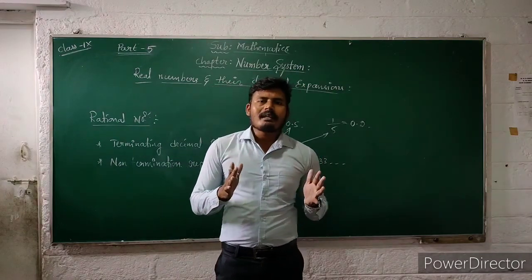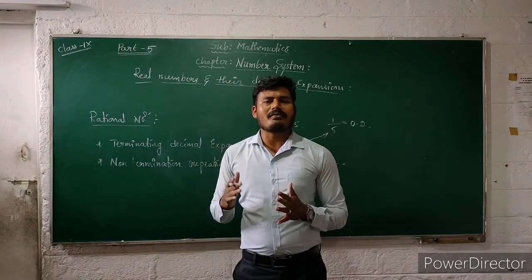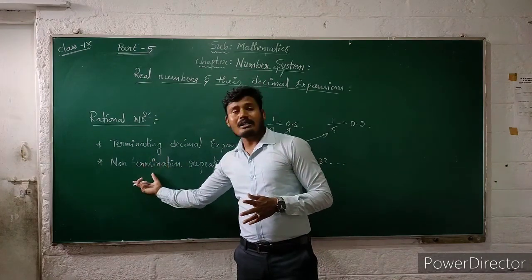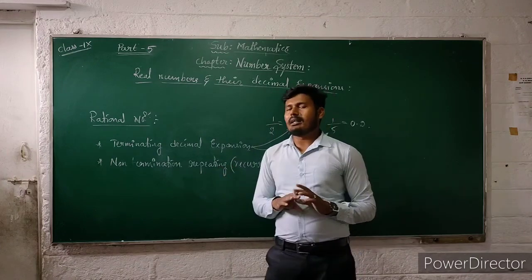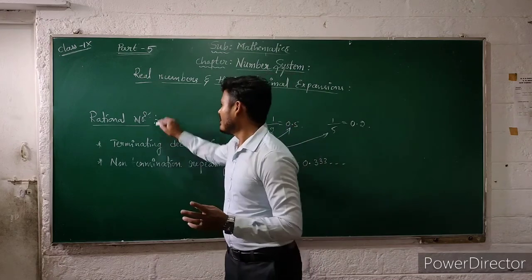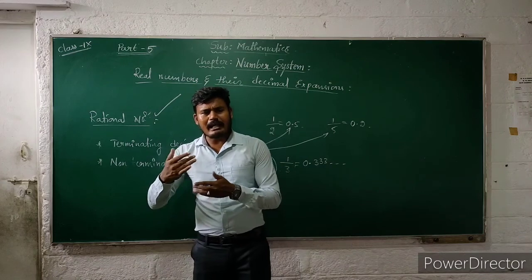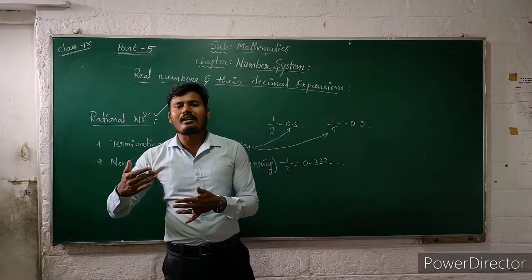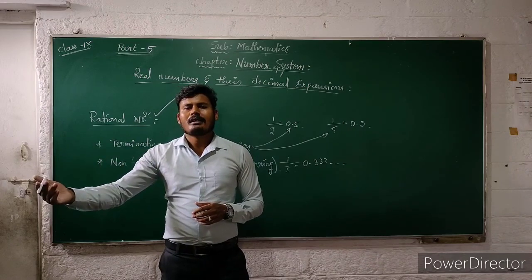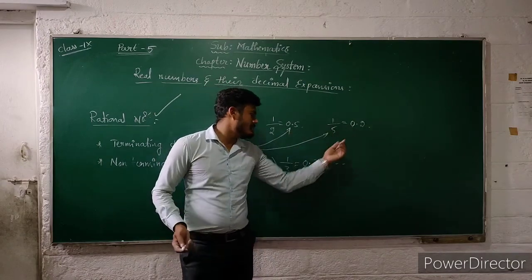If the decimal expansion is a terminating or non-terminating repeating decimal expansion, then those numbers are called rational numbers. So you can easily identify examples of rational numbers, either by the p by q form or by observing their decimal expansions.